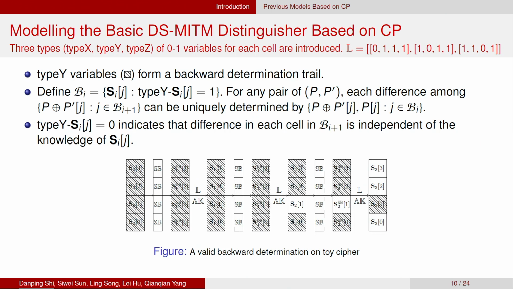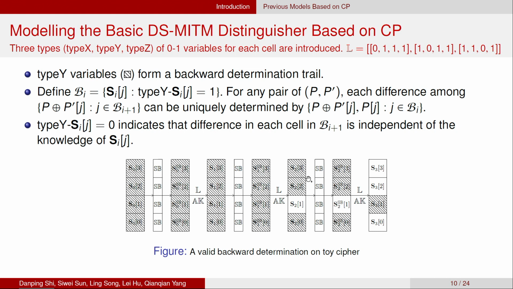Type Y forms a backward determination tree. For each pair P and P prime, their difference at the positions among B i plus 1 can be uniquely determined by the knowledge of the positions among B i.